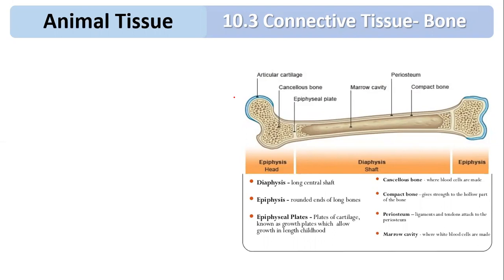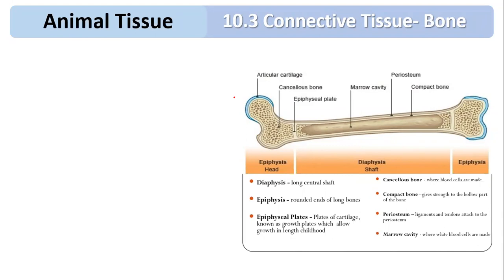That is called spongy bone or cancellous bone. Now the central portion called diaphysis is comparatively hard bone. It is also called compact bone, or shaft, shaft bone or hard bone.